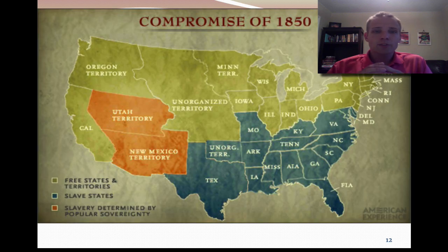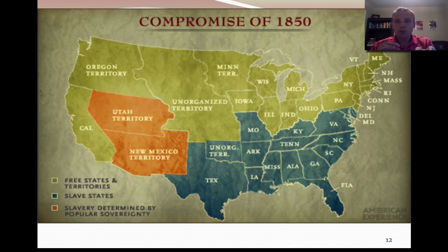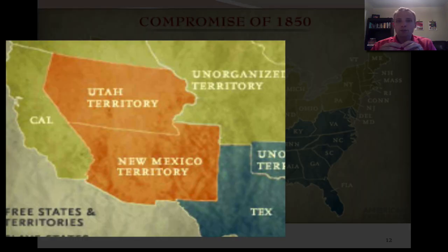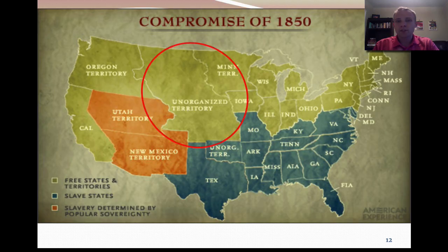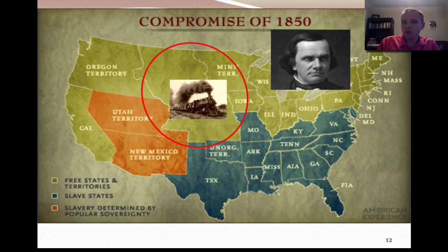So this is what the map looks like after that. Those new territories in orange I was talking about are open to popular sovereignty. But still in question here is this unorganized territory, this Louisiana Purchase land, which technically should be banned from slavery. But a man steps in who wants to see this organized, mostly so that a transcontinental railroad can be built across the United States.